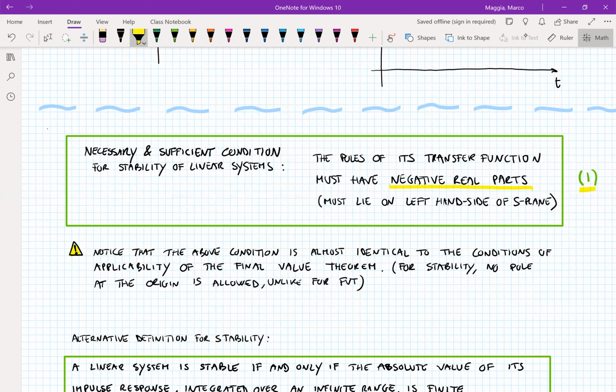So the condition for the stability of linear systems is a little bit stricter than the condition for the applicability of the final value theorem. And the only difference is in the pole at the origin, whether it is allowed or not. If we have one pole at the origin, then we can apply the final value theorem. But if that was the transfer function characterizing a system, that system would be not stable.